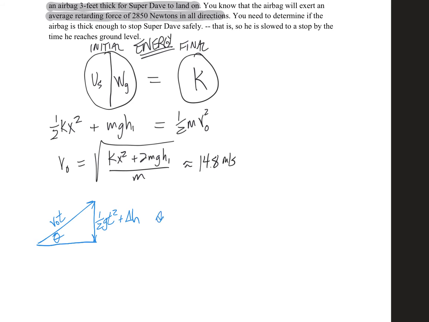That's why we're going to use the sine function. Half gt squared plus delta h over v naught t. If you cross multiply, you'll get a quadratic. We've done a bunch of that. And so what this will tell us is I can get a time of flight of 2.1 seconds out of this.